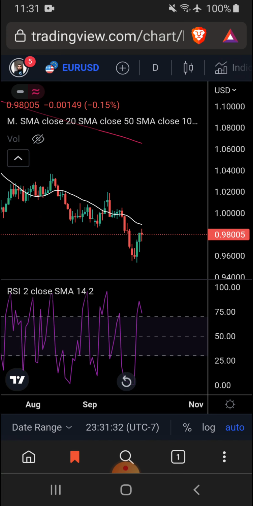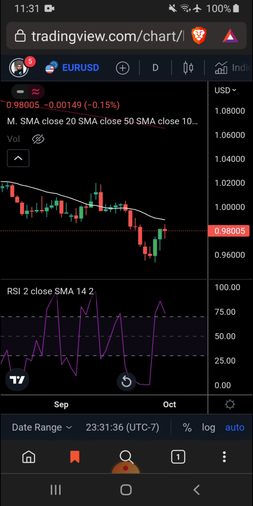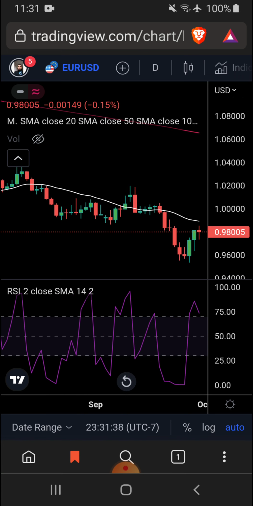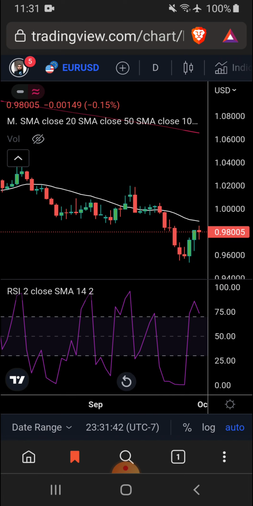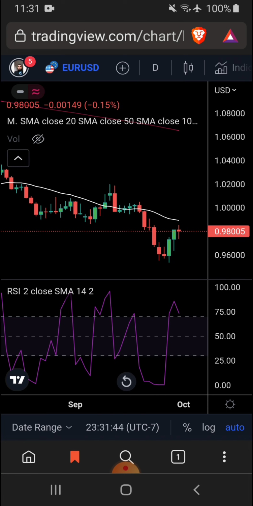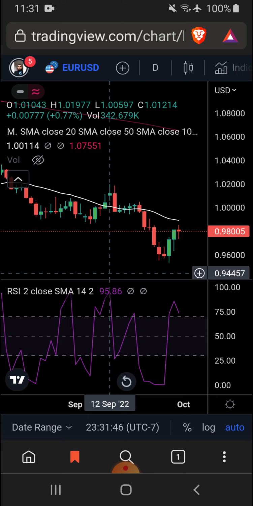Second condition, the price has to be above the 5-day simple moving average. So here we are below the 200-day simple moving average, and we were above the 5-day simple moving average as well.